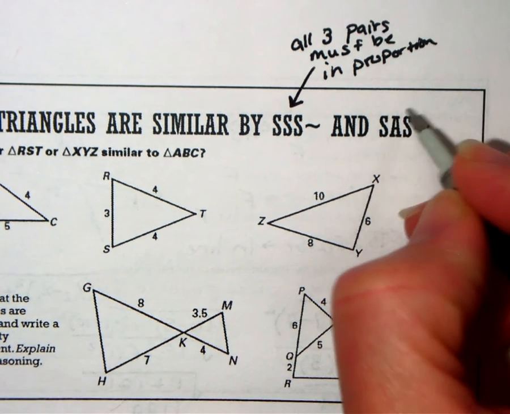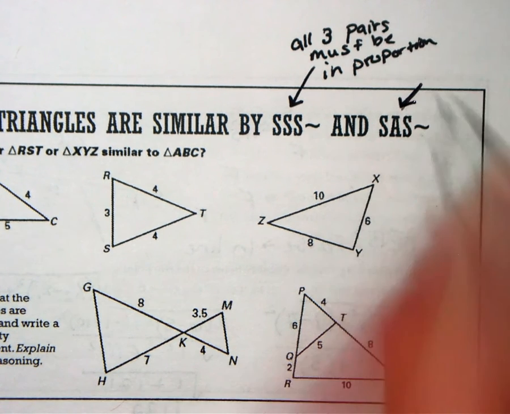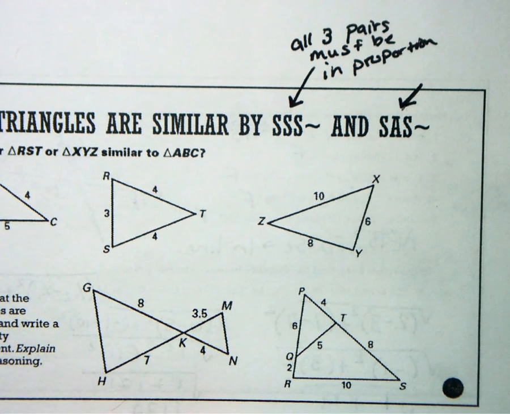Okay, for side, angle, side, this part you already are familiar with. Where does that angle have to be located? In between the two sides. So we're already familiar with that.